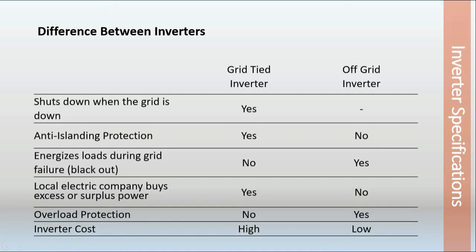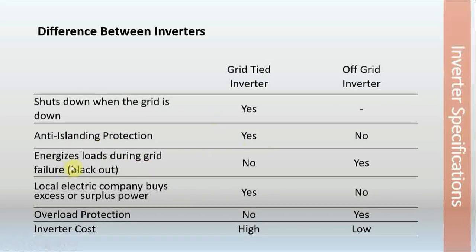So here is a comparison between a grid-tied inverter and an off-grid inverter, and we see that some features are required for grid-tied and not required in off-grid systems or off-grid inverters. Shutdown when the grid is down, we need it for grid-tied, and anti-islanding protection, we need it for grid-tied.